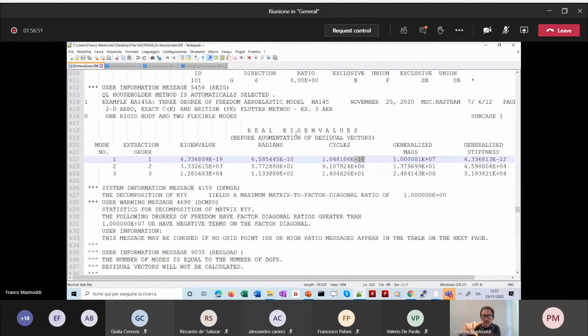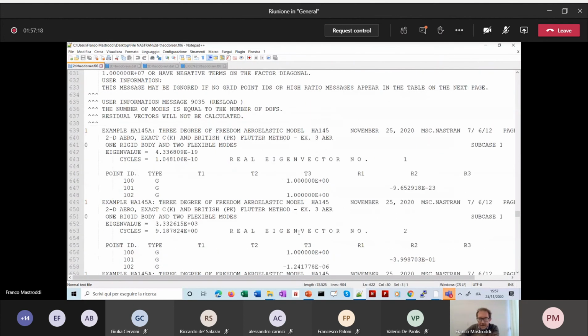We want to rewrite the problem in modal coordinates, because we know that the flutter analysis has to be performed in modal coordinates for the sake of economy, because you want to study your problem in a limited bandwidth with a minimum number of degrees of freedom, as you know. So this is the preliminary modal analysis, and you also have the corresponding eigenvectors. These are the real eigenvectors, remember.